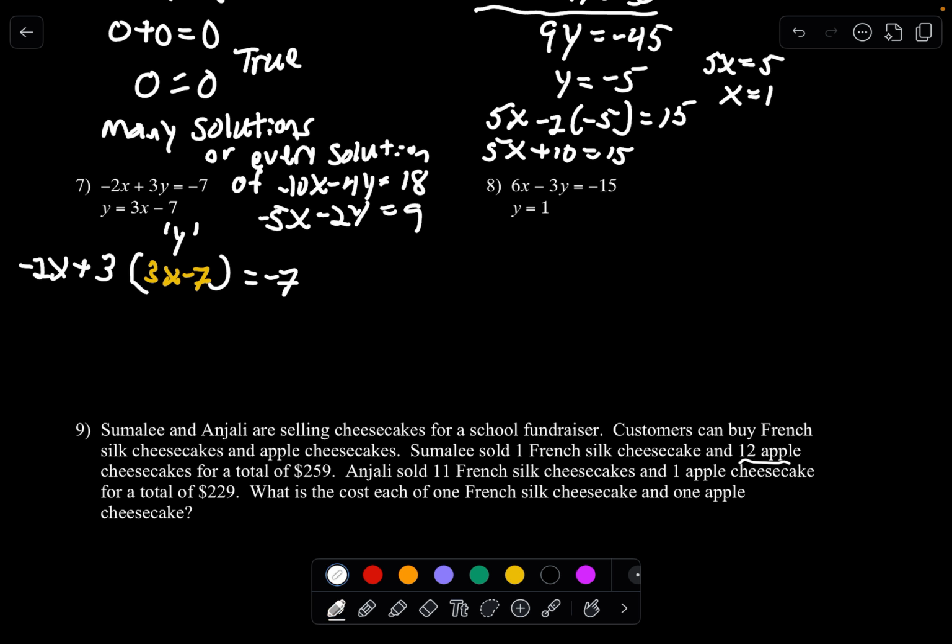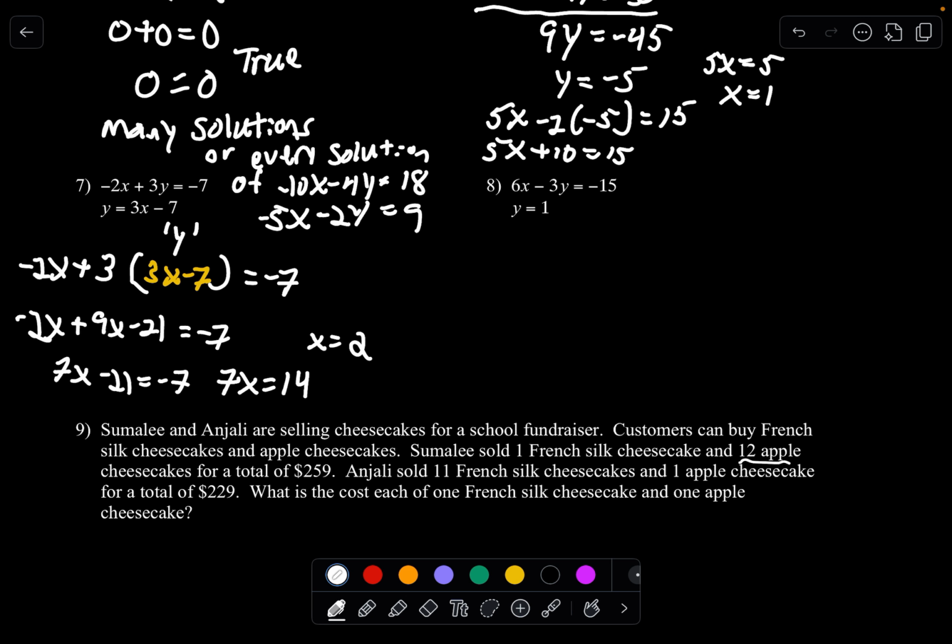So then you get -2x plus, distribute the 3, 9x minus 21 equals -7. So -2x plus 9x, combining like terms, gives you 7x minus 21 equals -7. Add 21, you get 7x equals 14, and x equals 2.